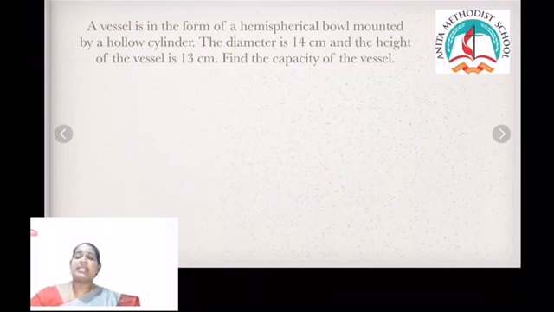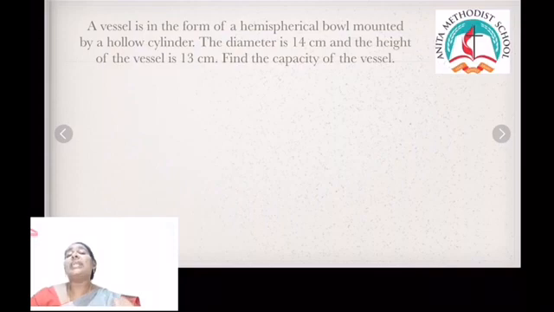So this is the diagram, children. Here the cylinder is surmounted by the hemisphere. We know the total height is 13 centimeter. But what is the height of the cylinder?